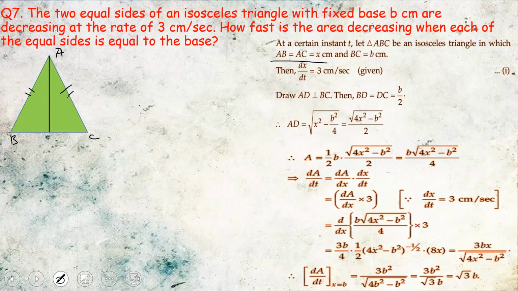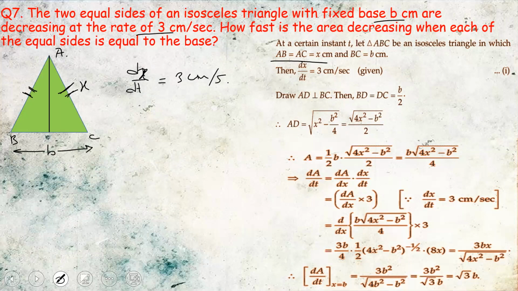And the base, that is BC, is B. It is given that the sides AB and AC, if we take them as x, then dx/dt is decreasing at a rate of 3 centimeter per second.